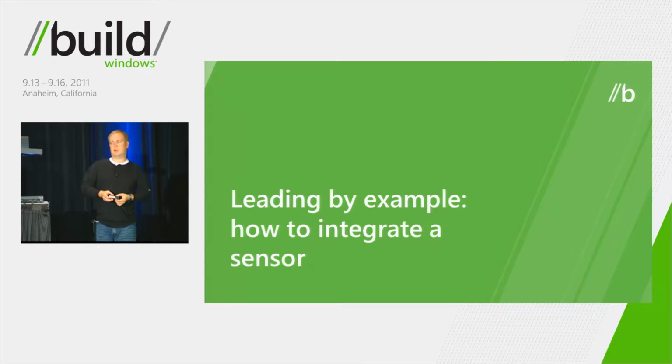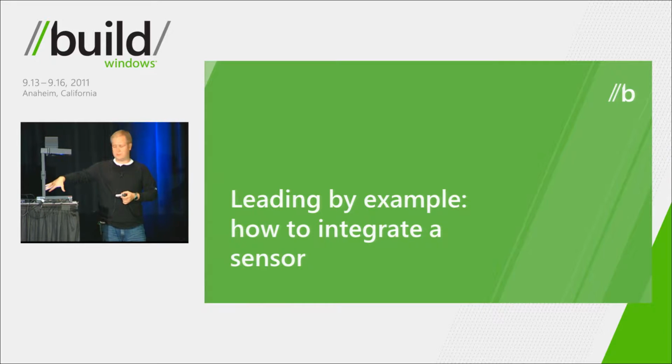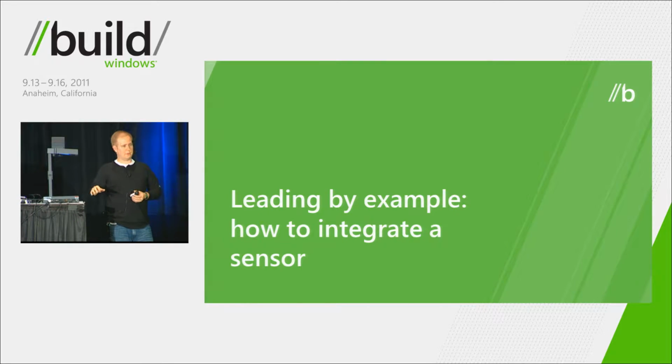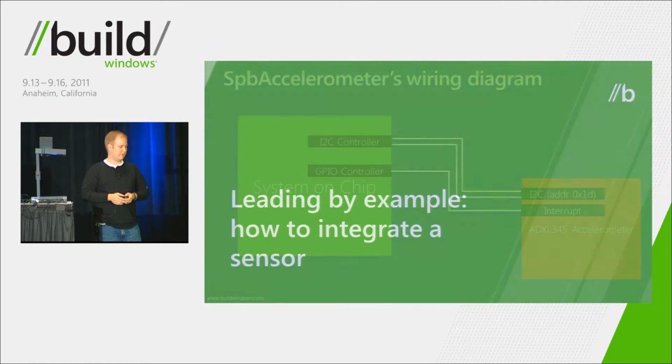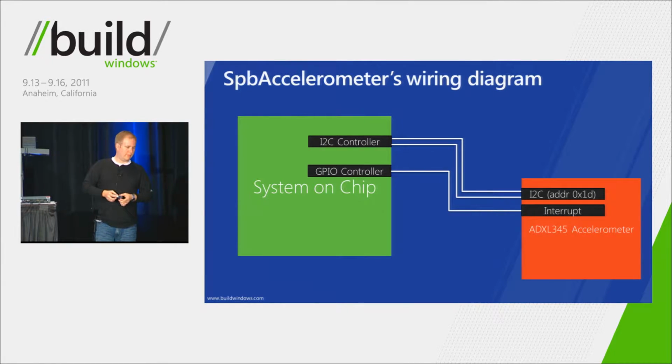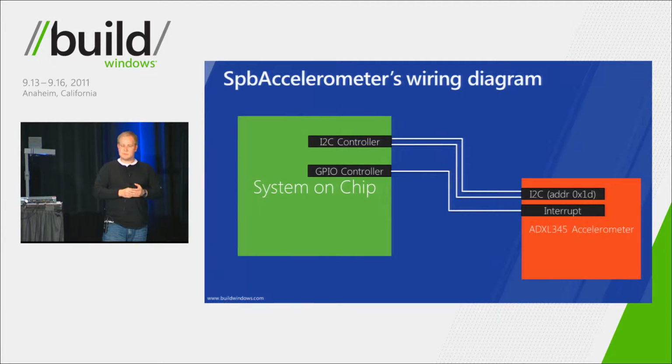So the example we're going to use today is the accelerometer driver that's in the Windows driver kit. That is what you saw running here. For the purpose of the demo, we modified it to work with a Kionix part. The driver in the Windows driver kit works with an Analog Devices ADXL345 part. This is what it may look like in terms of wiring.